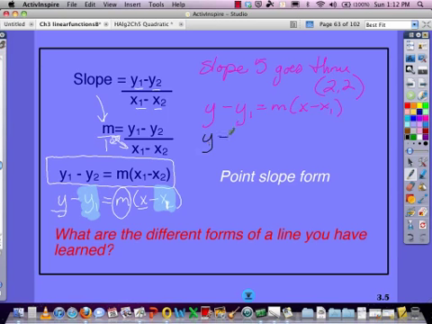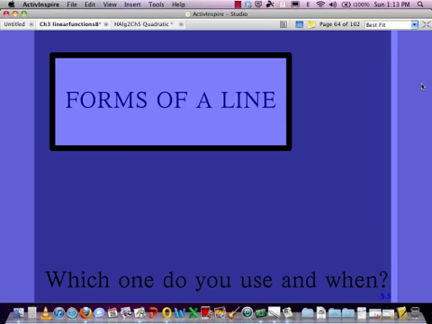Our y1 value is a 2, so subtract 2. Our slope is a 5. X stays as x, the first x anyway, and then subtract our x value from our ordered pair, which is a 2. We would have an equation in point-slope form. All we did was substitute numbers in. There was nothing to calculate, nothing to rewrite. It's a new equation that you can use to help determine things about lines. So point-slope form, basically, that's one way we're going to be using it.